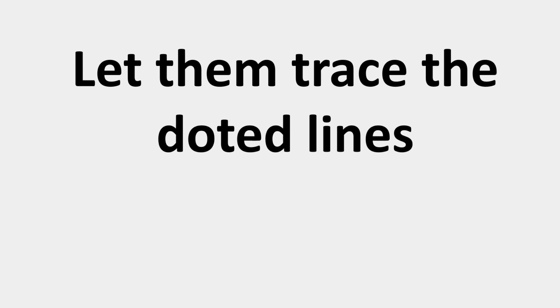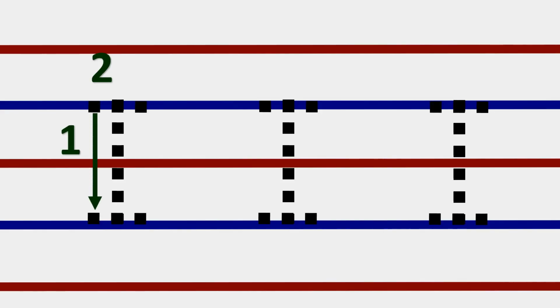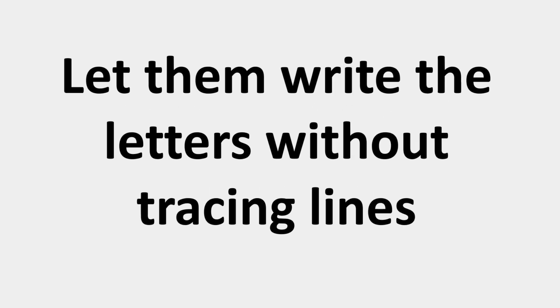Let them trace the dotted lines with your supervision. Put some arrows and number to the first example to guide them. Let them write the letters without tracing lines.